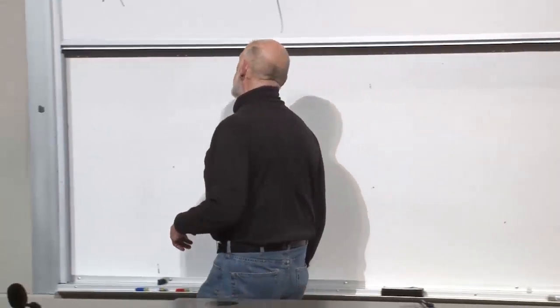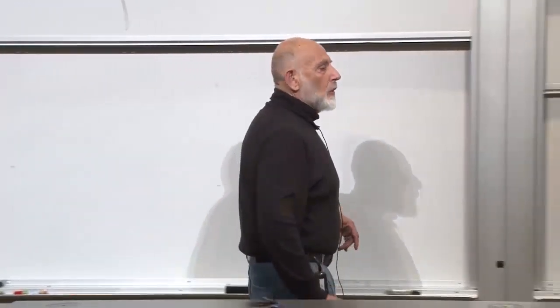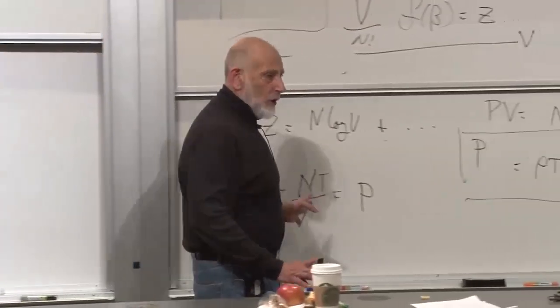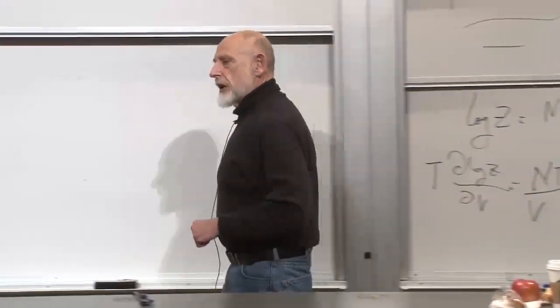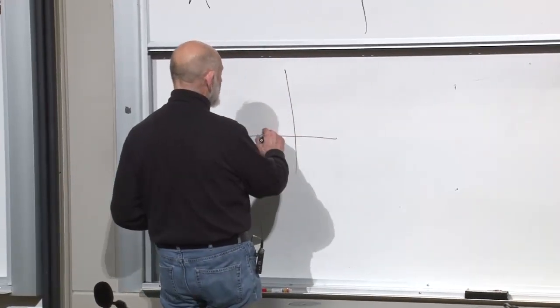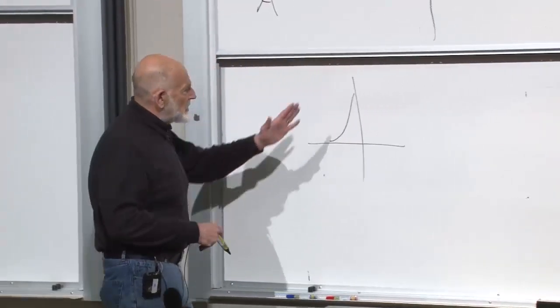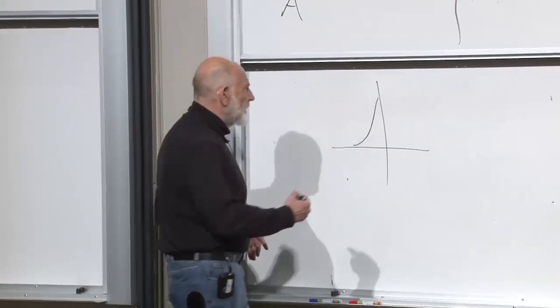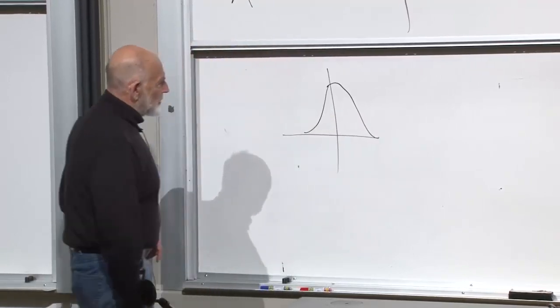Okay, so the standard definition: let's begin with a quantity whose average is 0. That means the probability distribution for it, well, it doesn't necessarily mean that it's centered at the origin in any sense, but the average is 0.